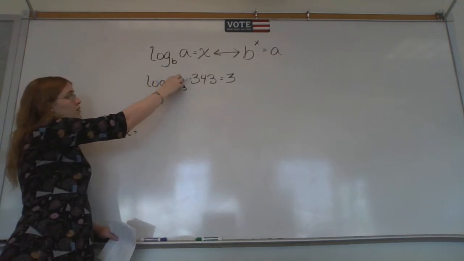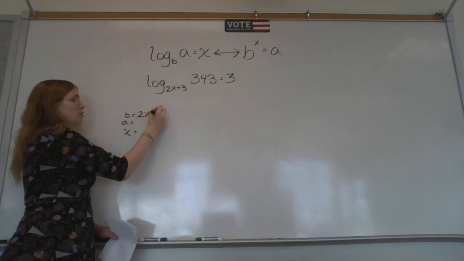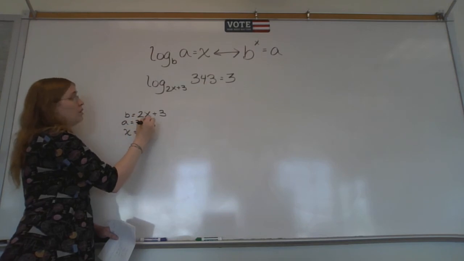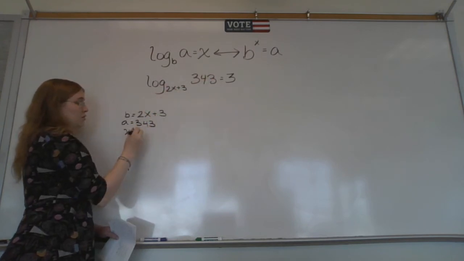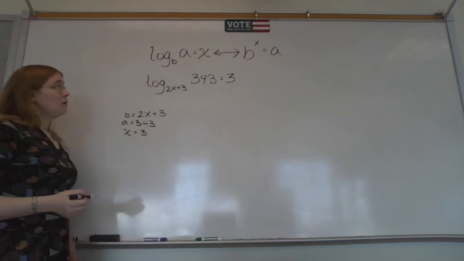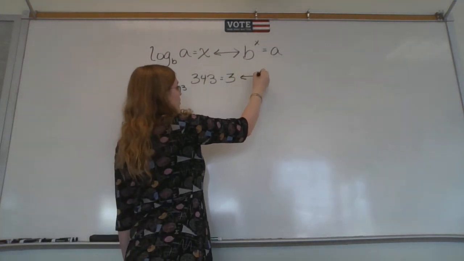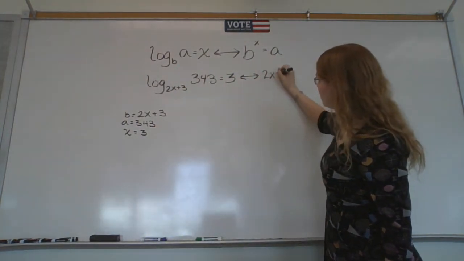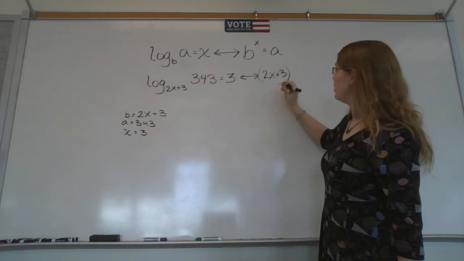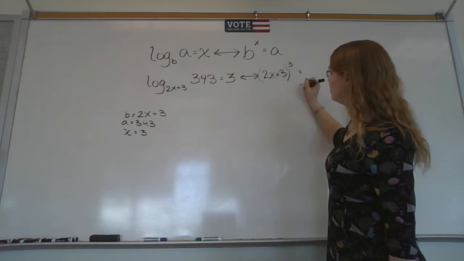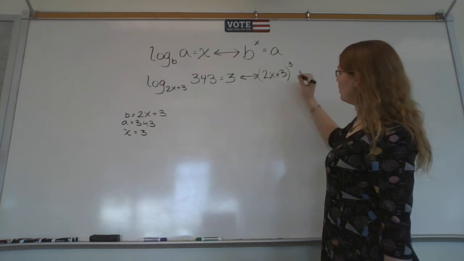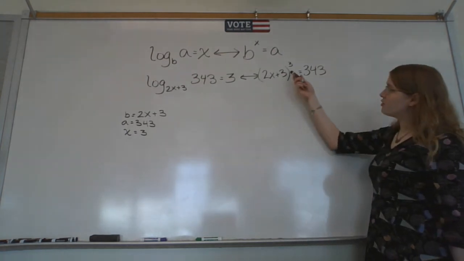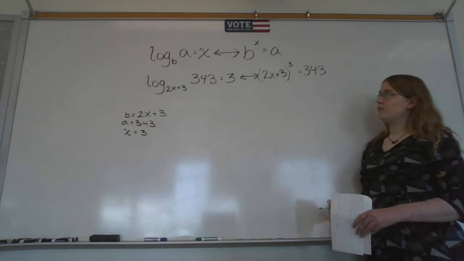So the base is this whole thing, 2x plus 3, a is 343, and x is just 3. So converting it: base 2x plus 3, x equals 3, and a is 343. Okay, so we've got 2x plus 3 to the cubed equals 343.